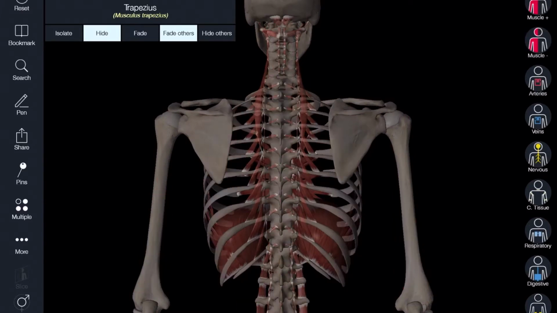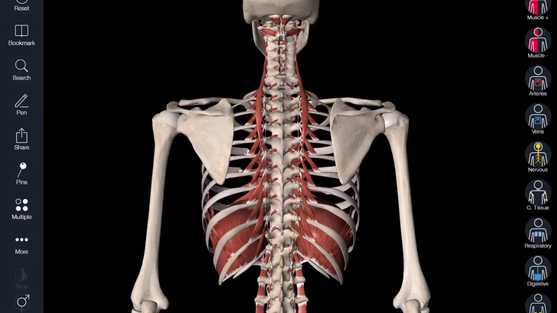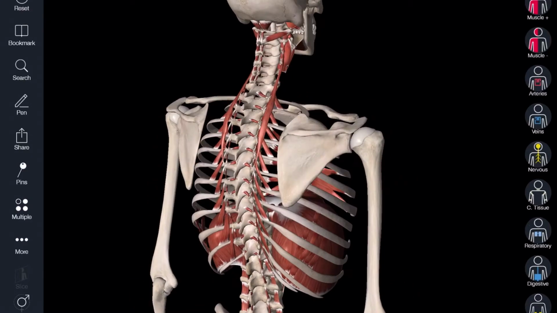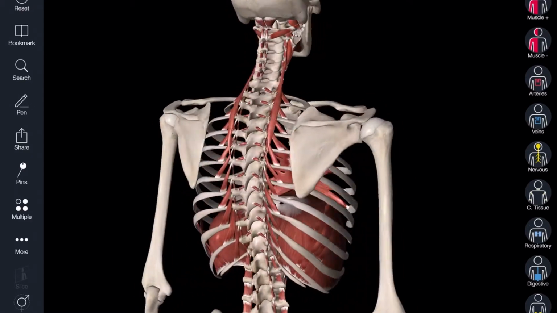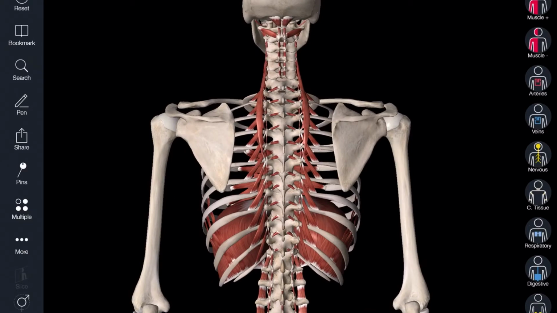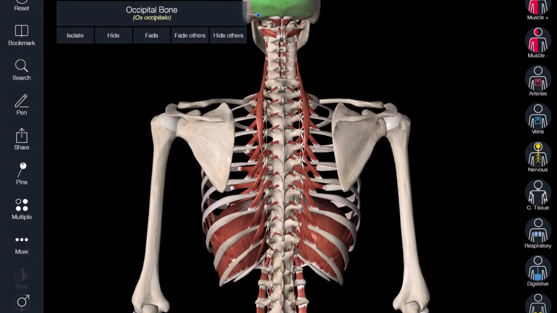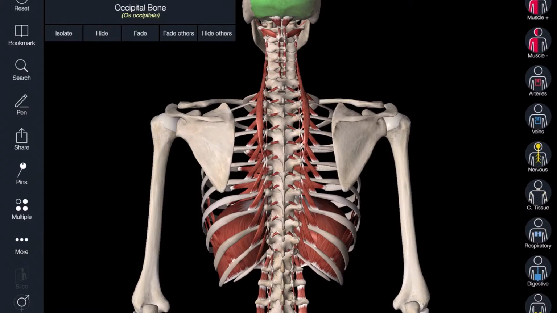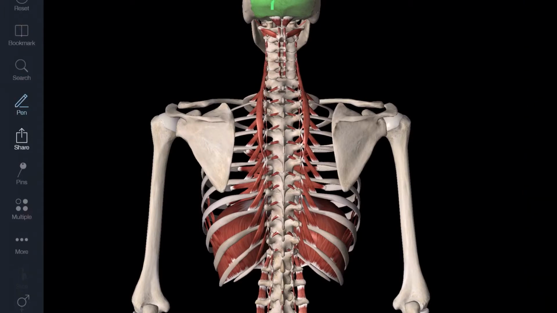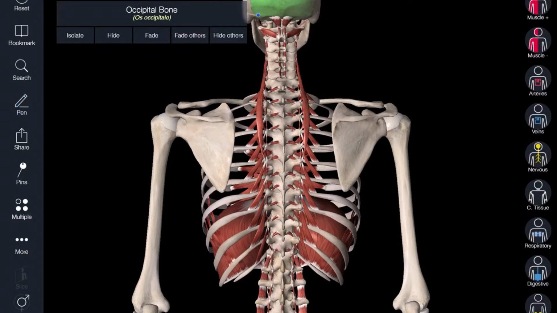So right here on the occipital bone, the external occipital protuberance is right there. It's also called the inion. That's another name for it. It's a bump on the back of the head. You most likely can feel your external occipital protuberance. So that is one attachment place.